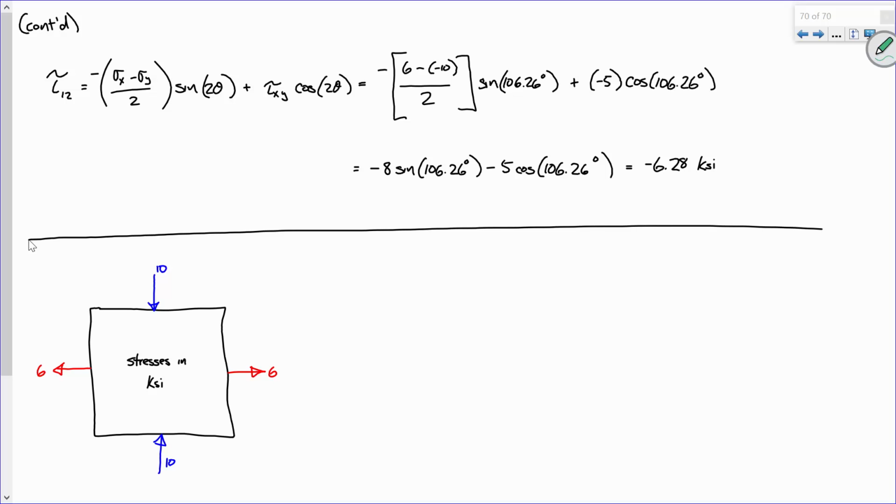Now my shear stresses, I've got drawn, and these are 5. I've got them drawn in the opposite direction.